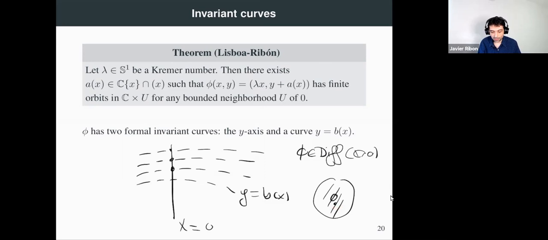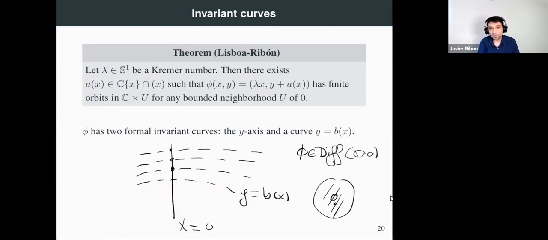And obviously, we're not going to have this kind of thing over here, because orbits go away. So there is no way of realizing this invariant curve in a geometric way, because all orbits except the orbits of the fixed point set escape from the domain of definition for both positive and negative iteration.